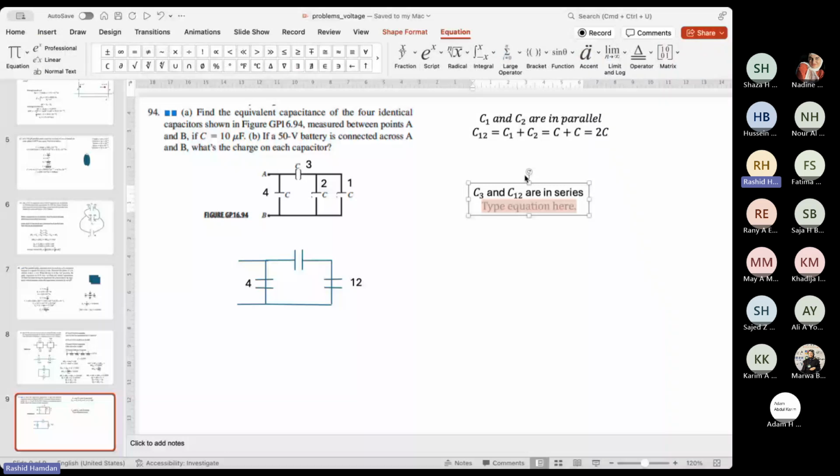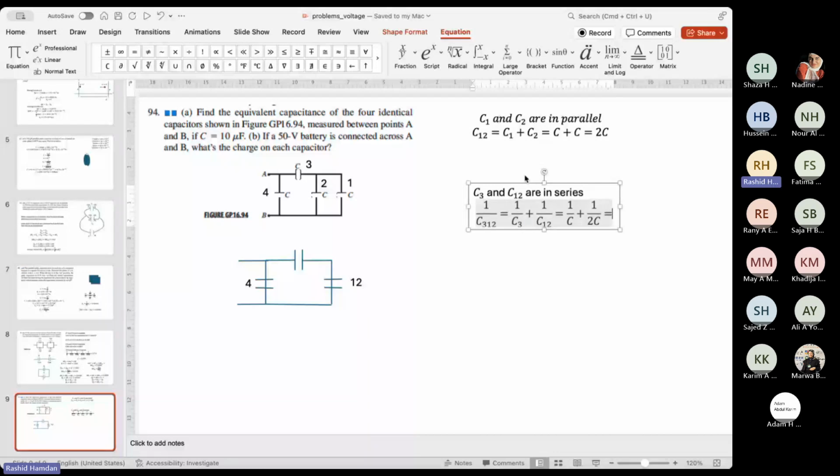So 1 over C312 is equal to 1 over C3 plus 1 over C12. So this is equal to 1 over C plus 1 over 2C. So the common denominator is 2C, right?